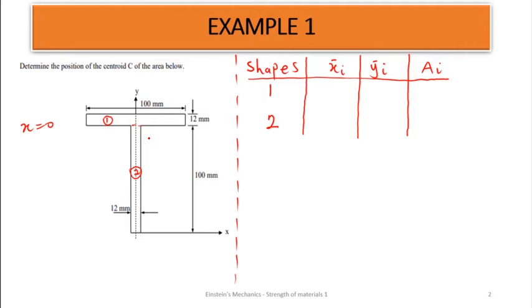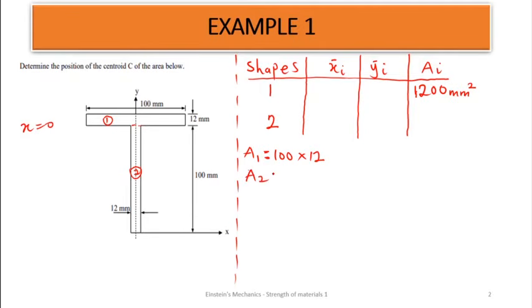Looking at shape 1, what is the area? The area for shape 1, which is a rectangle, will be the length times the breadth. So 100 multiplying the 12 is going to give me what? 1200, this is in terms of millimeter square for area 1. What about area 2?